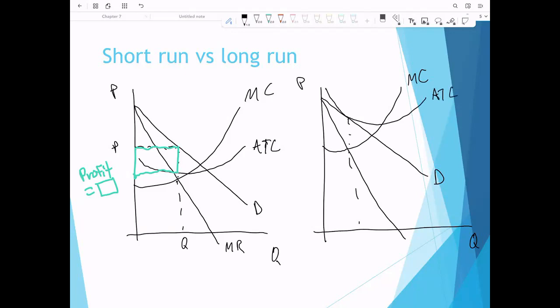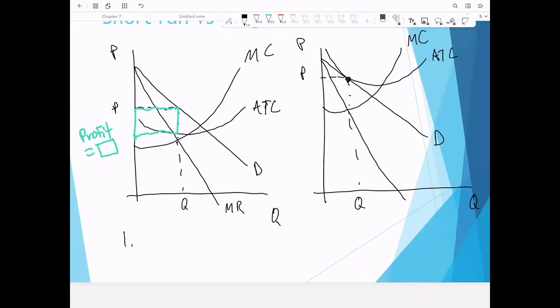Until your average total cost curve exactly touches or crosses in some way your demand curve, and you have zero profits. Okay. Okay. So the first thing that can happen is demand shifts.